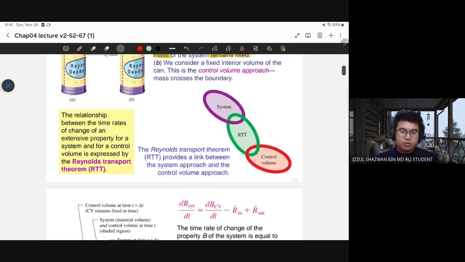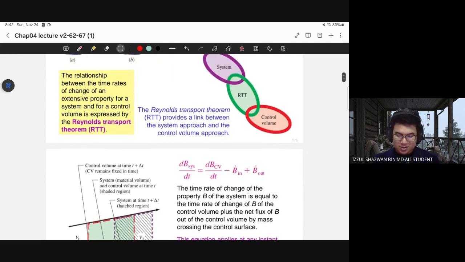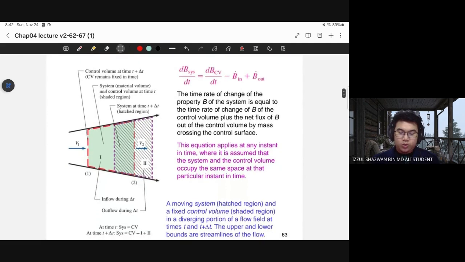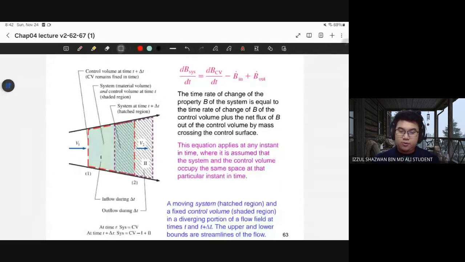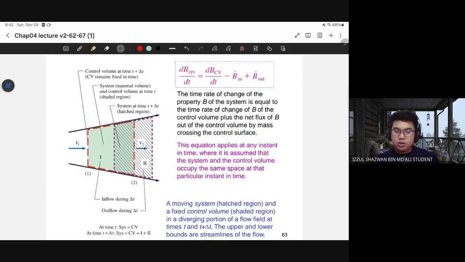The relationship between time rates of change of an extensive property for a system and for a control volume is expressed by the RTT. Now we will see how it is represented in a graph. This is the formula that we will use to calculate with the Reynolds transport theorem.